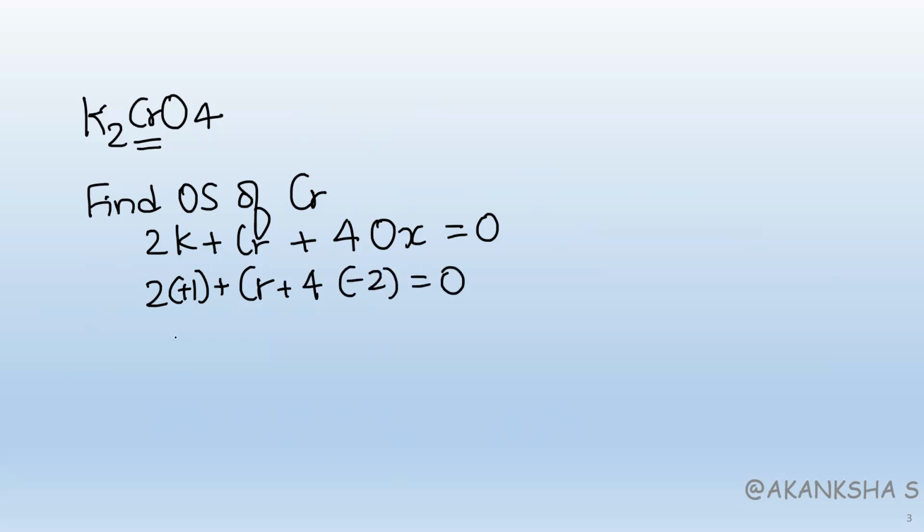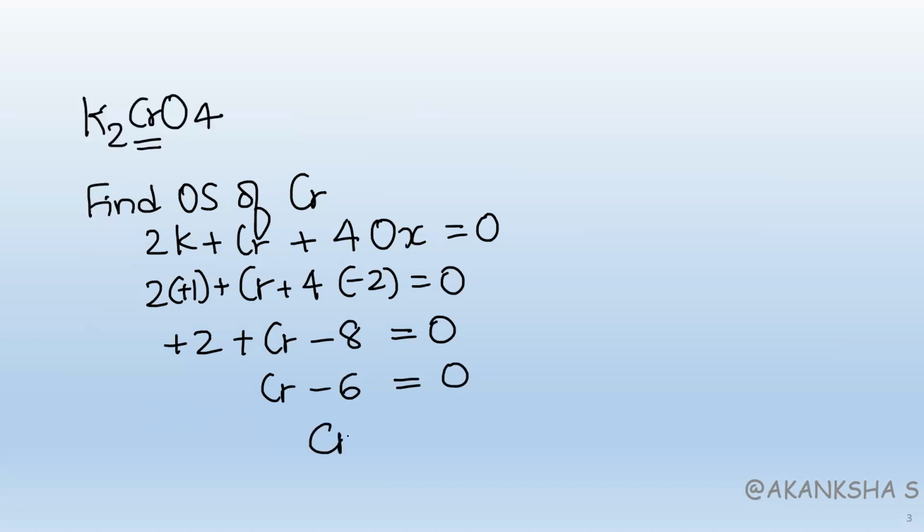So it's 0 again. Plus 2 plus chromium minus 8 equals 0. Chromium is +6. Here you can see that chromium is again giving me +6.